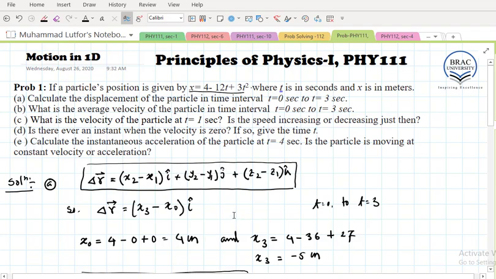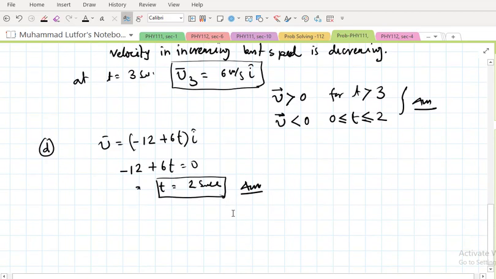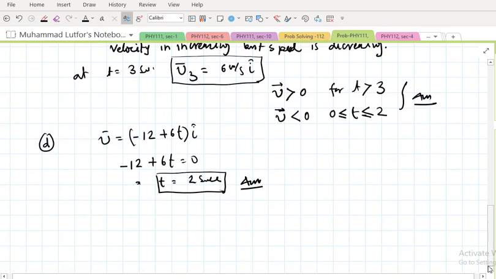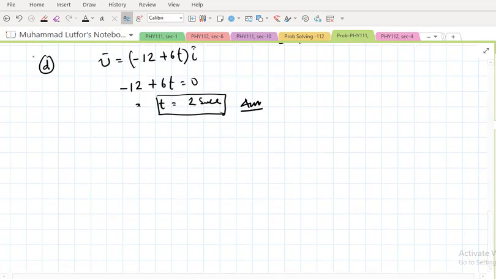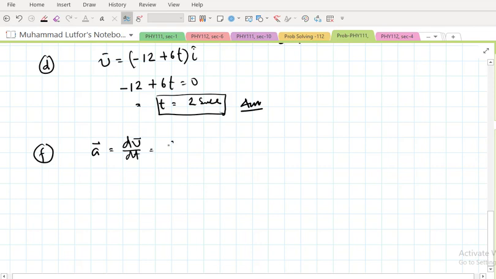Find the instantaneous acceleration of the particle at t equal to 4 seconds. So to find the instantaneous acceleration, I have to take dv over dt, or I can take the second derivative of position, right?